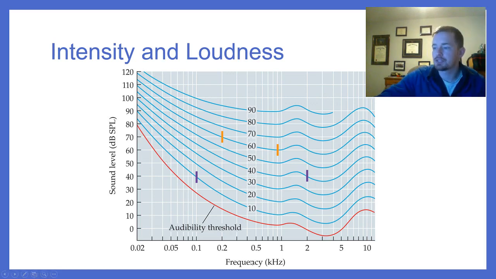You can see here, just like in the previous graph that we looked at in the first video, that these really low frequencies need to be played very, very loudly in order for us to be able to hear them. On the other hand, as these pitches get higher, we don't need them to be as loud for us to be able to hear them. There comes a point where it gets so high-pitched that we start losing our ability to hear those things until ultimately we can't hear them any longer.